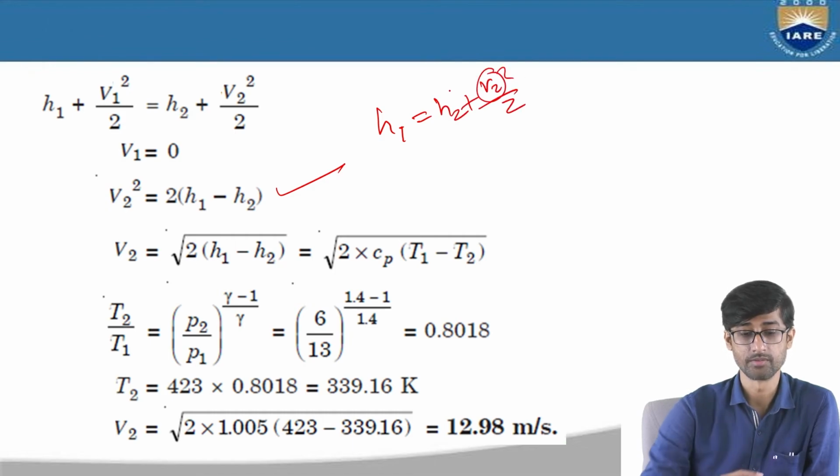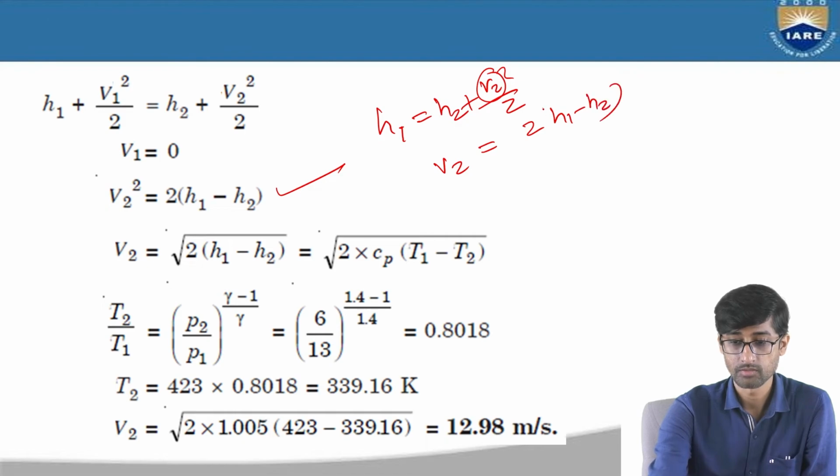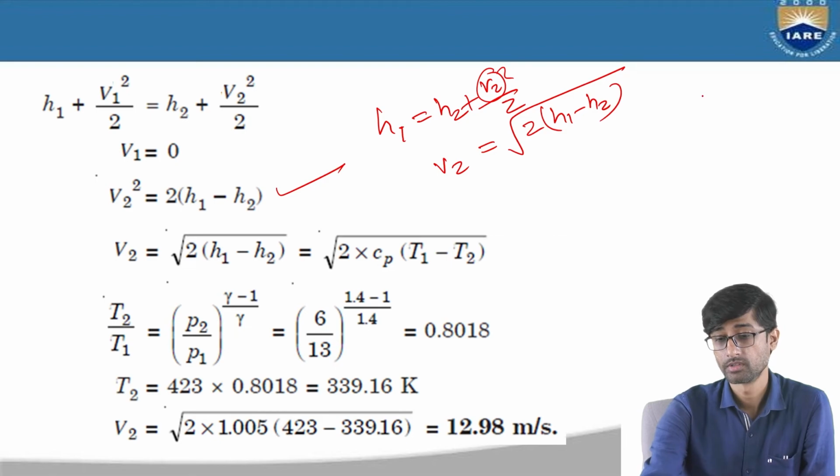We have to calculate what is V2 from that equation. So V2 is equal to 2 into (H1 minus H2) under root. So how to calculate H1 and H2? Already we know Cp is equal to dH by dT. So dH is Cp into dT.